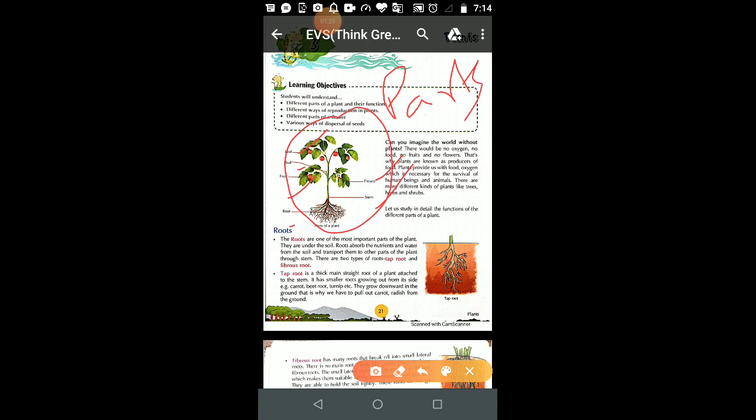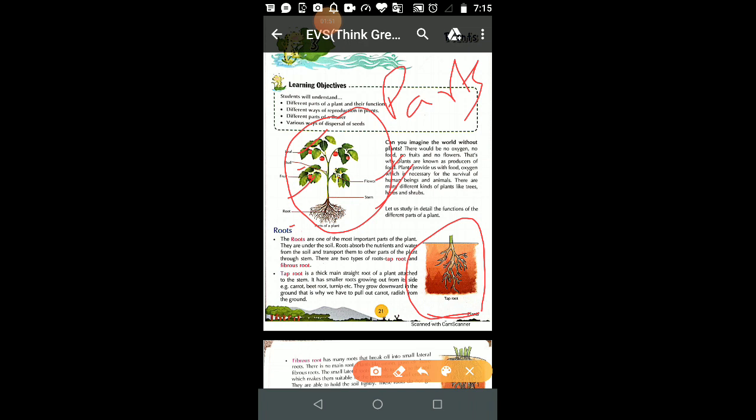Now students, after that I discussed the two main types of roots: tap root and fibrous root. This is the tap root. What happens in the tap root?